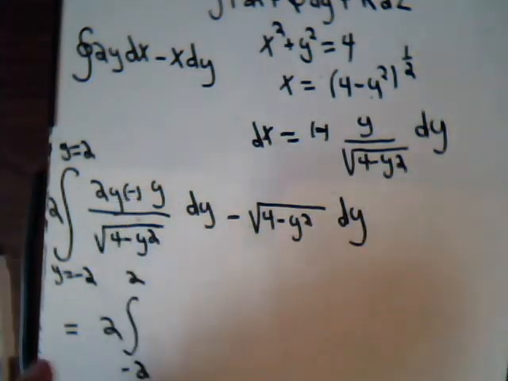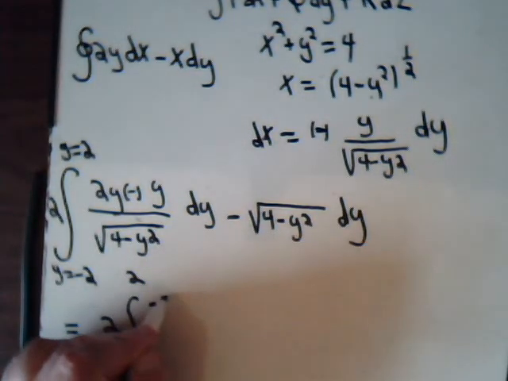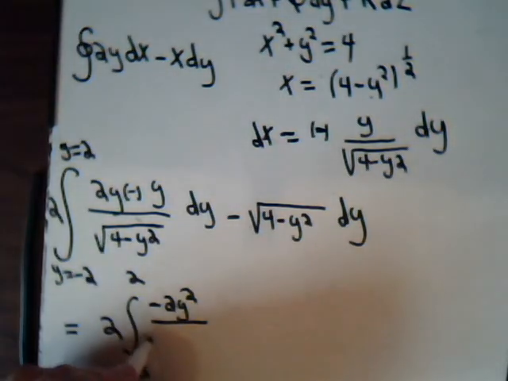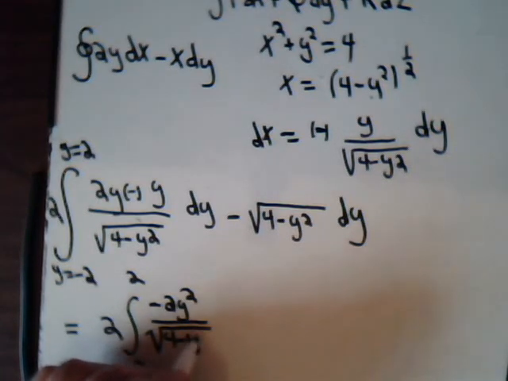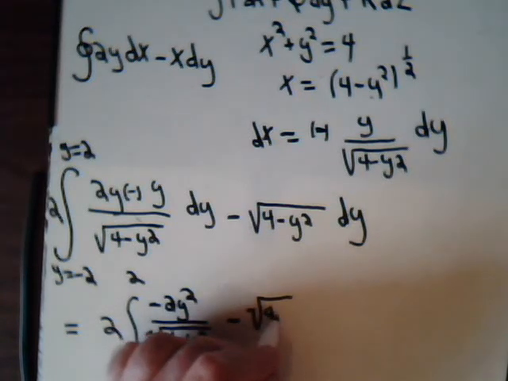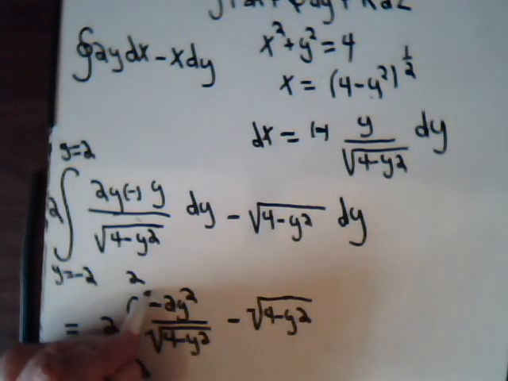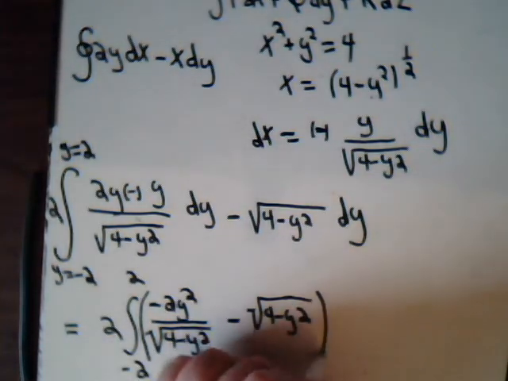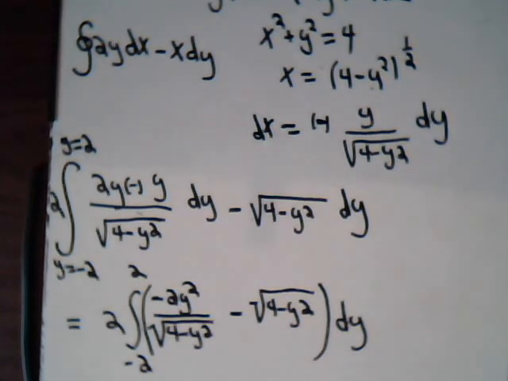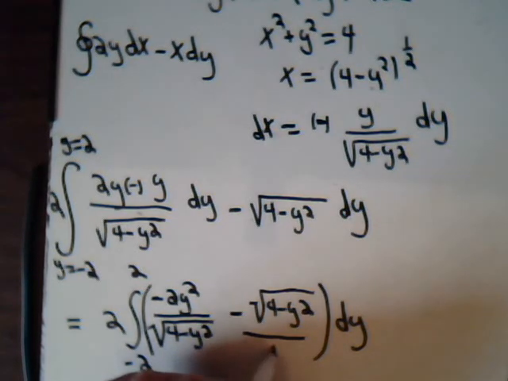Here we have minus 2y squared divided by this square root of 4 minus y squared, minus the square root of 4 minus y squared, and this is all times dy. So our line integral now has this form, and we can put this over 1.